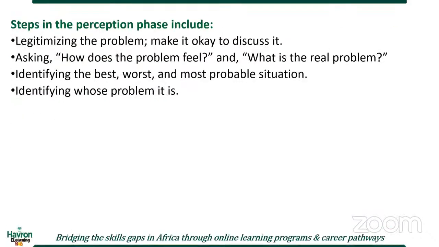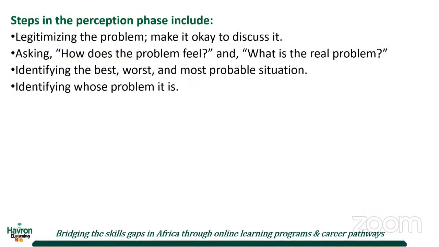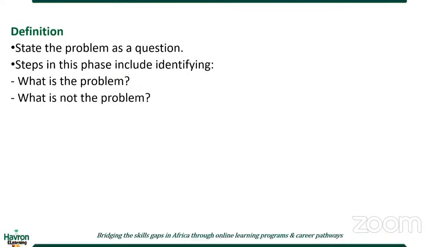There are steps that you need to take in this phase: legitimizing the problem, making it okay to discuss; asking, how does the problem feel and what is the real problem? Identifying the best, worst, and most probable situation, and also identifying whose problem it is.